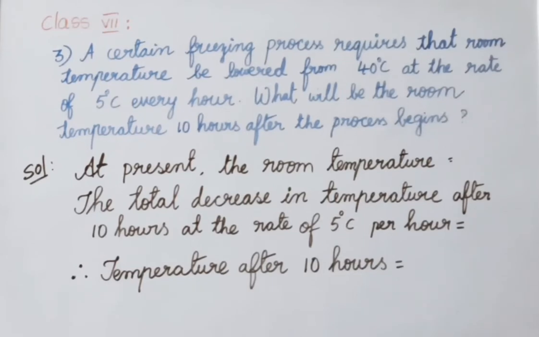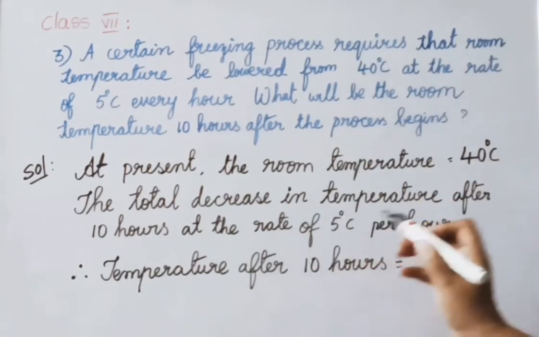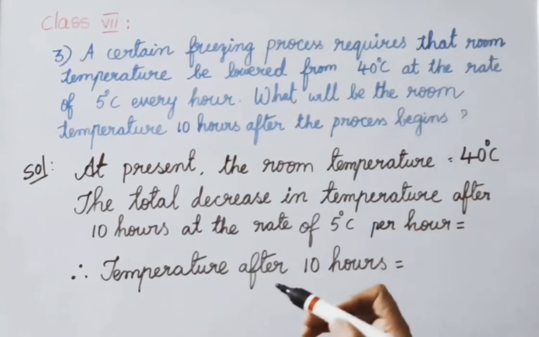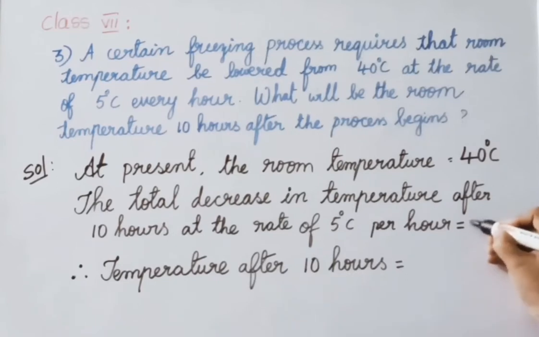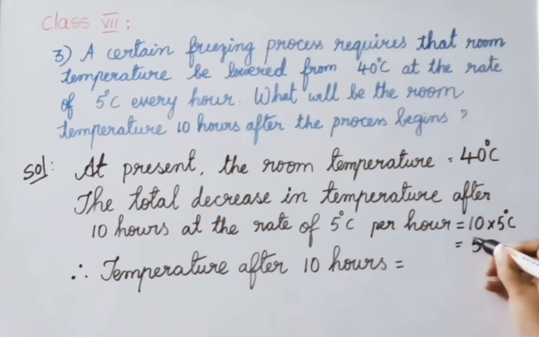So let us see the solution. At present the room temperature is 40 degrees Celsius. The total decrease in temperature after 10 hours at the rate of 5 degrees Celsius per hour. So that means 10 into 5 degrees Celsius, that equals 50 degrees Celsius.